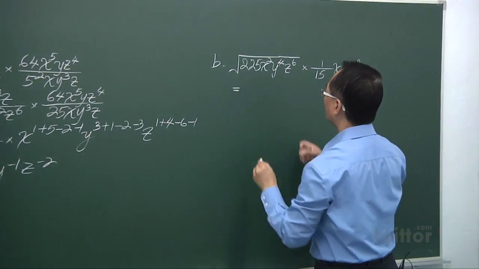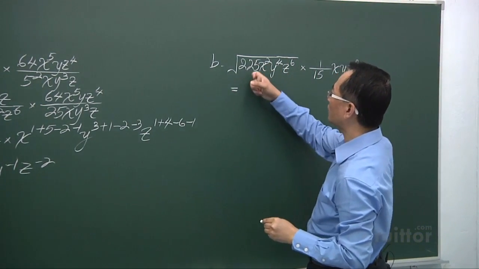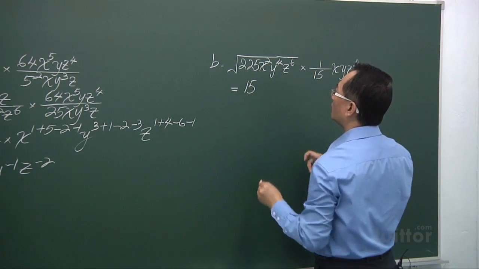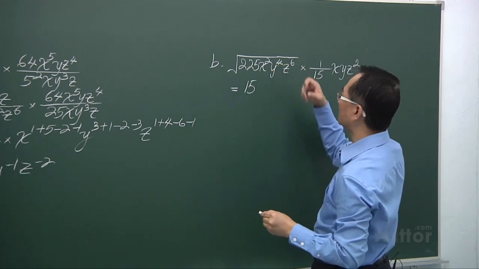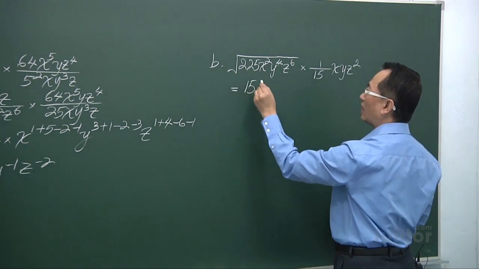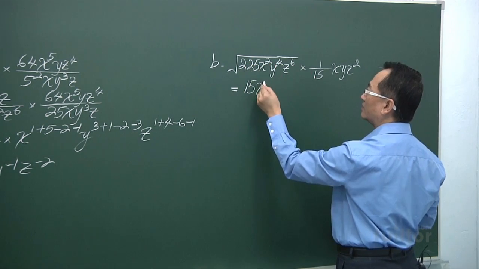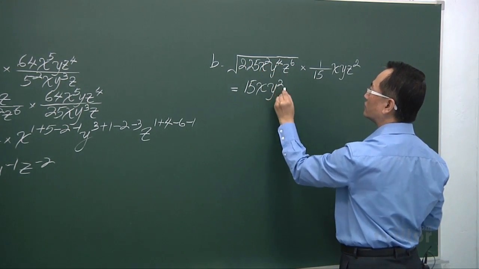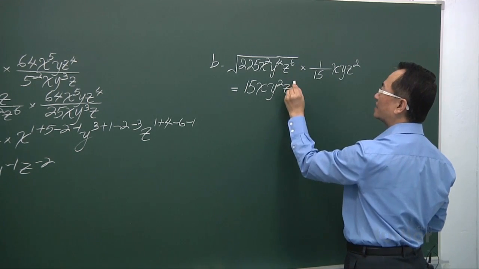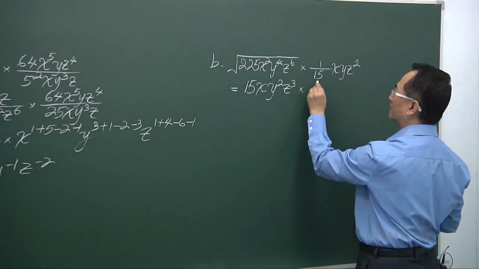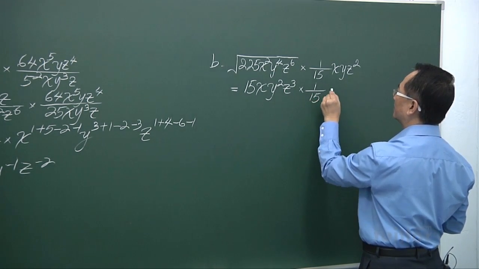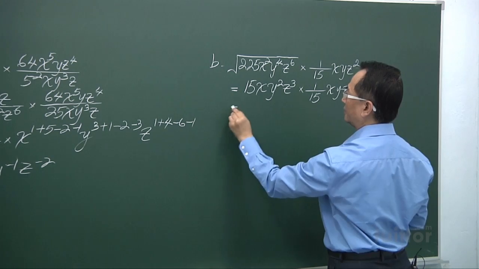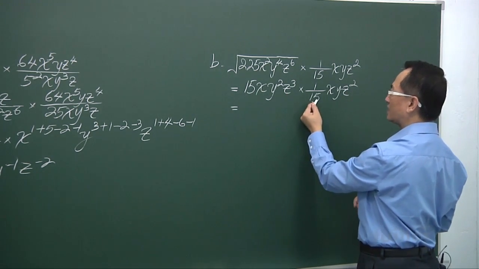So whenever we have the square root of 225 is just 15. But when we look at the integers here, because of the square root, I will just half it. So half of the 2 is 1, half of the 4 is 2, half of the 6 is 3. Now the 15 divided by 15 is just 1.